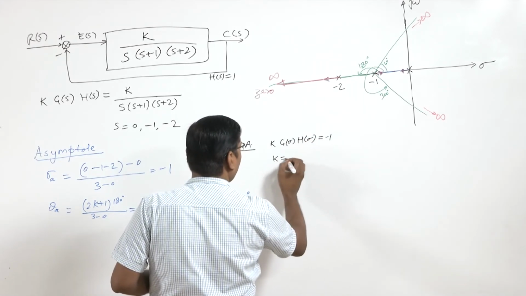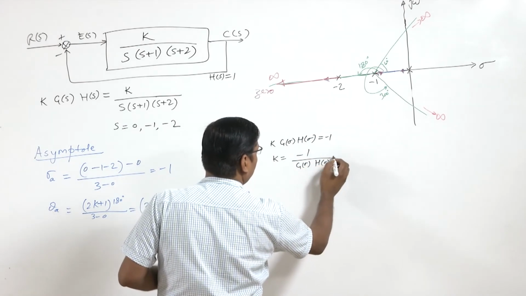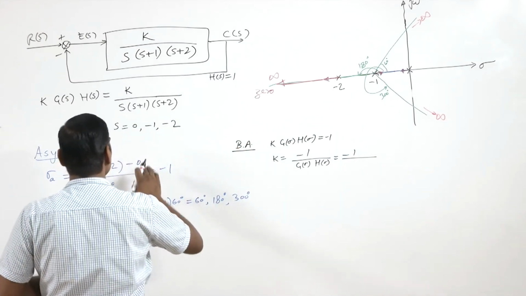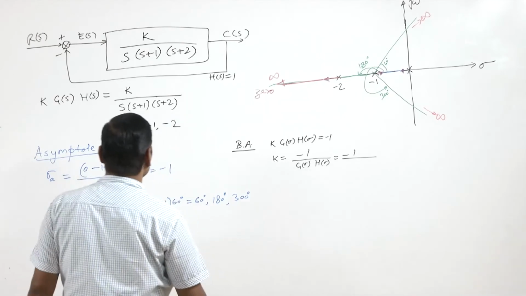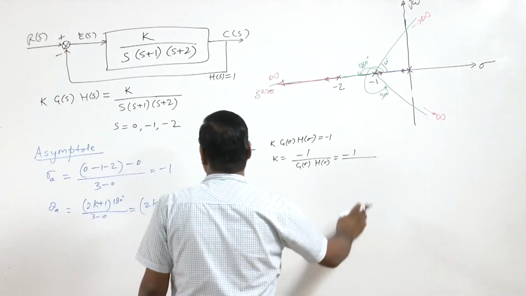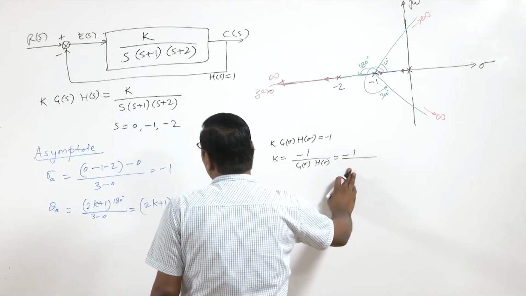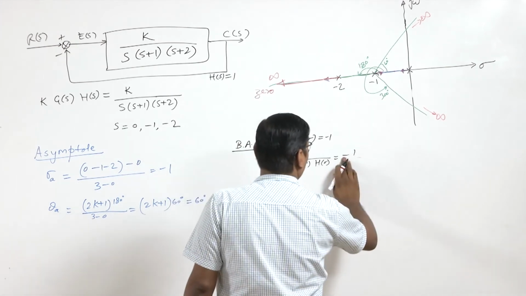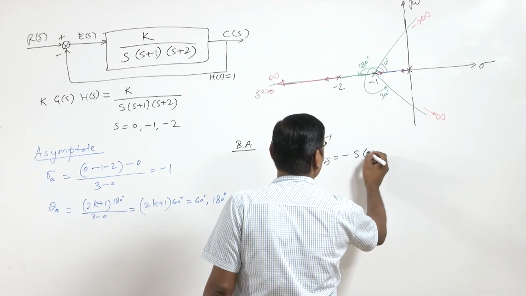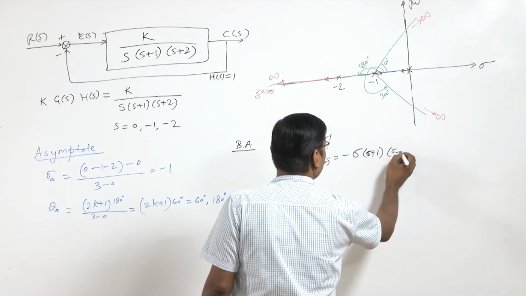So K equal to -1 by G(sigma) H(sigma), and so -1 upon sigma, sigma plus 1 and sigma plus 2.